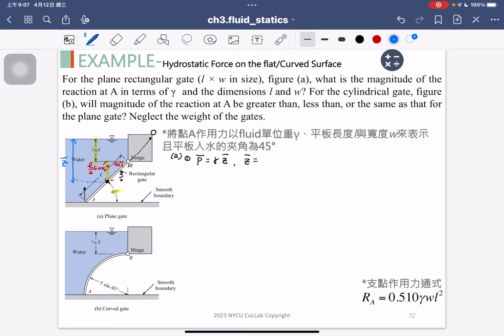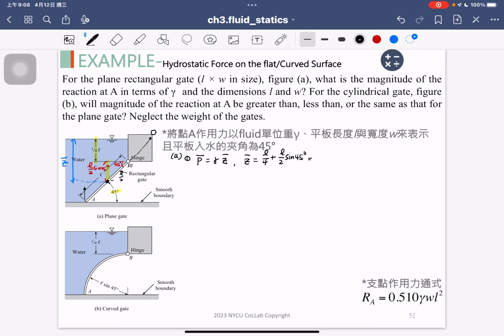Okay, so we need to calculate the d bar first. So d bar is equal to 4 over L plus L over 2 multiplied by sine 45 degrees. So first we should compute how large the centroid depth is.